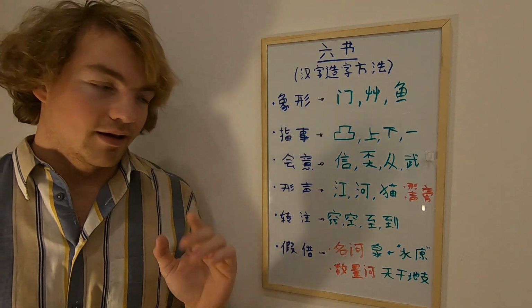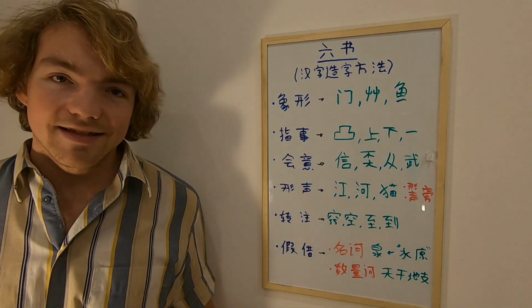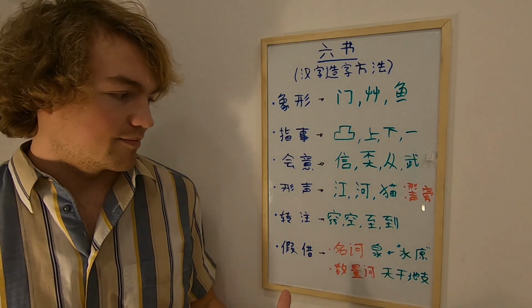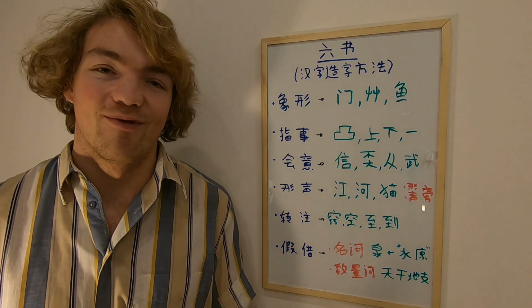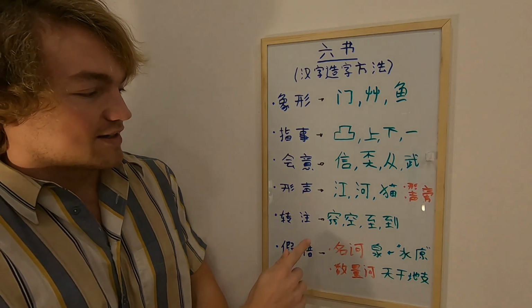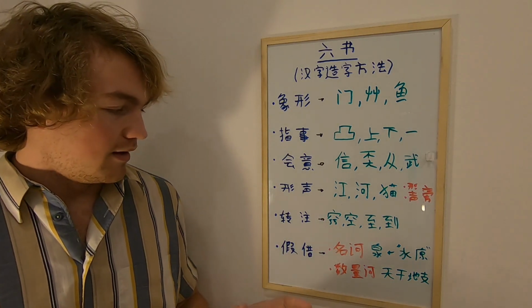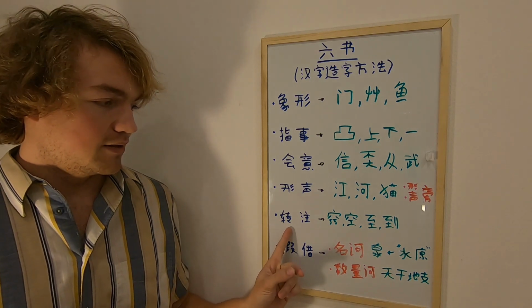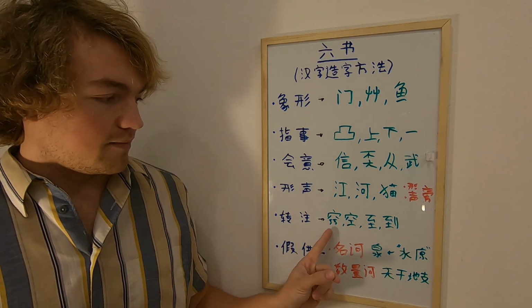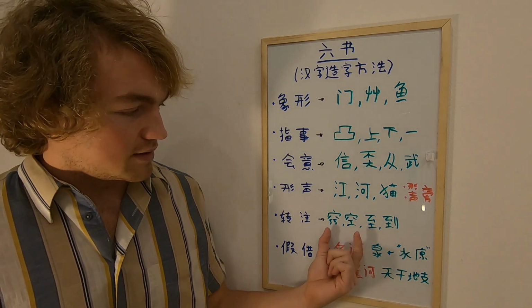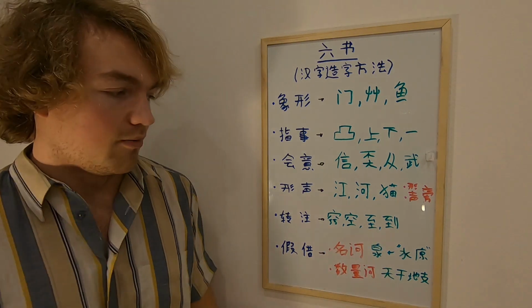Number 5, the zhuan zhu. This is now a little bit more complicated, which was also hard for me to understand, because it always has something which is the host basically, or the main thing, and then something transmitted, zhuan. Here I have qiao, kong, zhe, dao. You can see the first 2 have something in common.